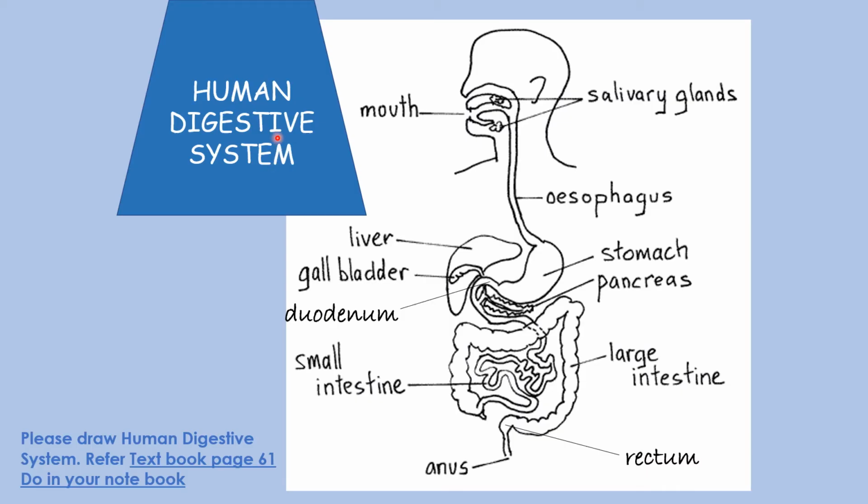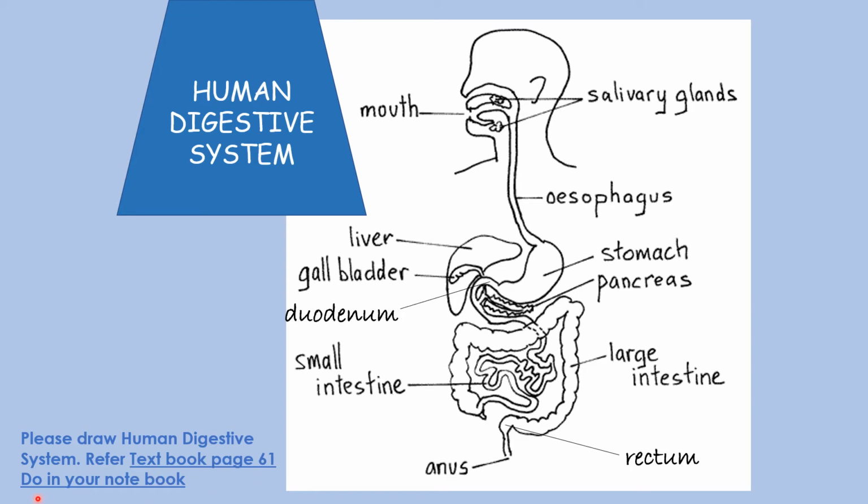So this is the human digestive system: mouth, salivary glands, esophagus, stomach, pancreas, liver, gallbladder, duodenum, small intestine, large intestine, rectum, and anus. Refer to textbook page 61.